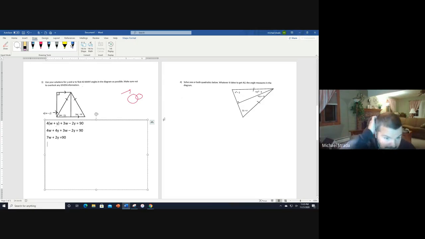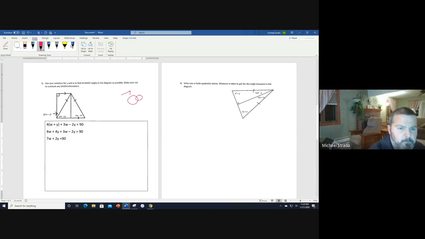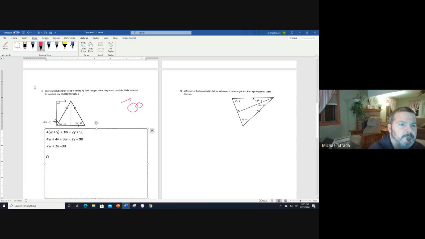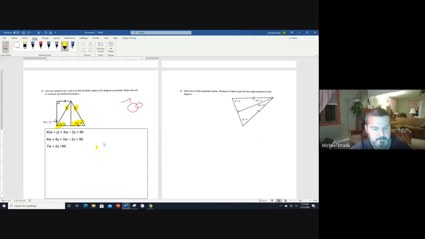So now I'm going to go back and compare these two angles. The highlighter, that one and that one. Because that is congruent to that, the triangle's isosceles. So I can go back and take those two angles.